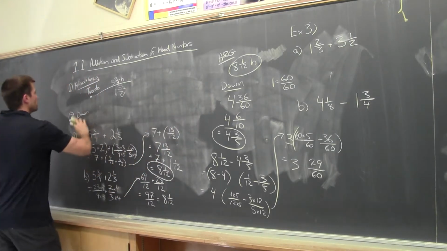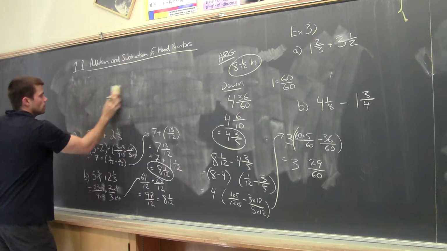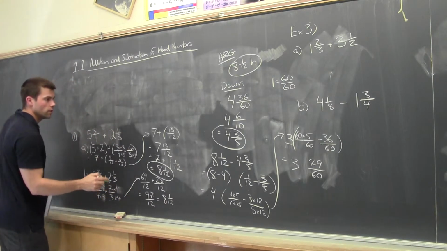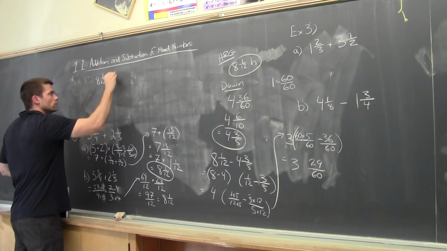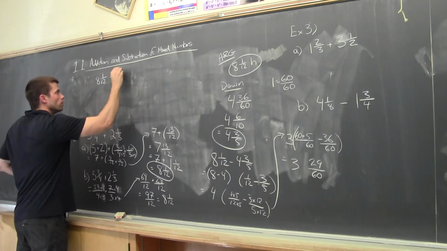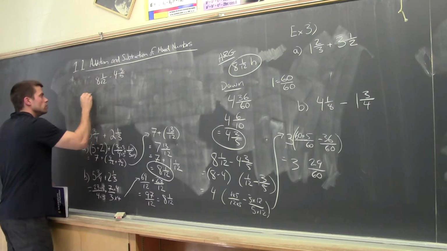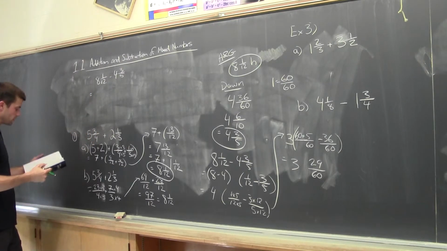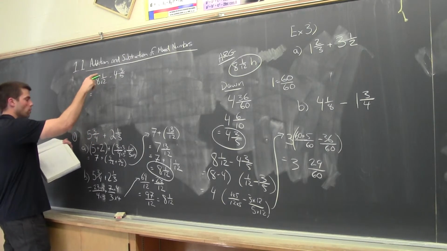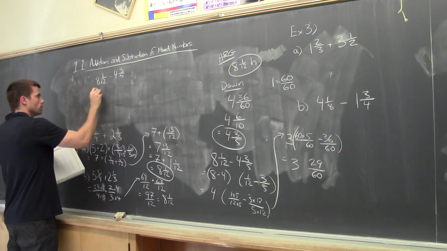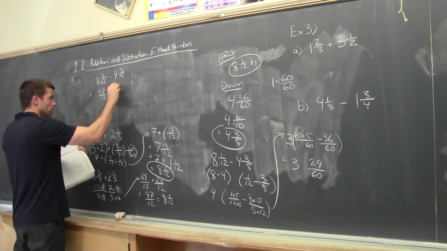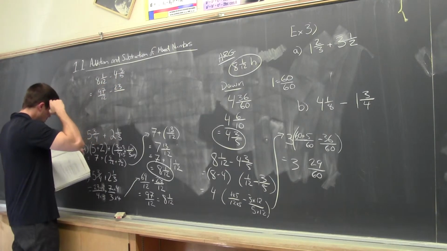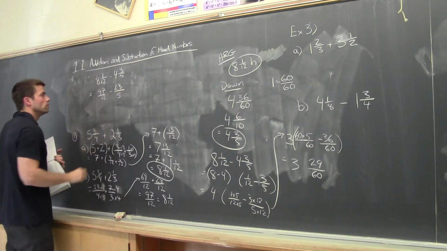So back up over here, we had the equation 8 and 1/12 minus 4 and 3/5. If I convert these to improper fractions from the beginning, I multiply 8 times 12 and add 1, which gives me 97 over 12. Then I multiply 4 times 5 and add 3, so I have 23 over 5.